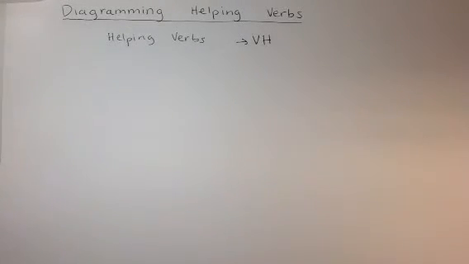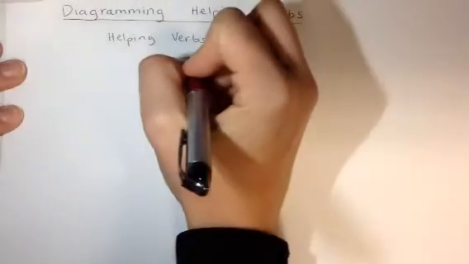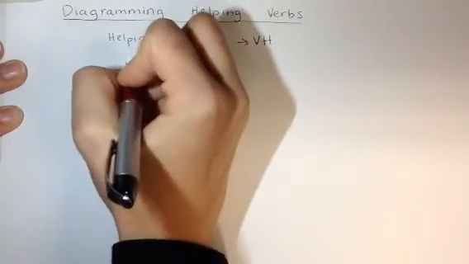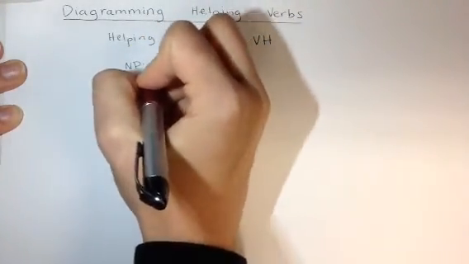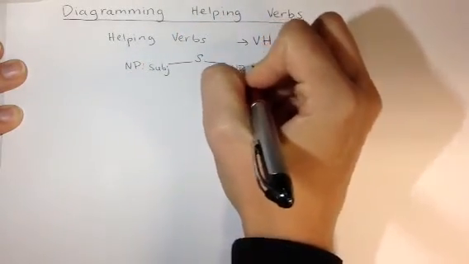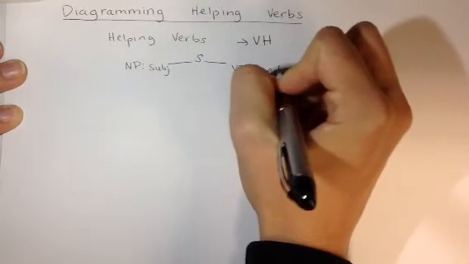And what this is going to do for us is establish a verb phrase within the predicate. So in every sentence, remember, you have the noun phrase subject and you have the verb phrase predicate.